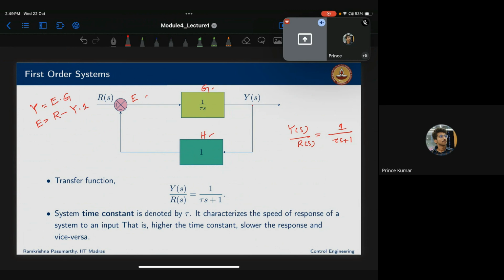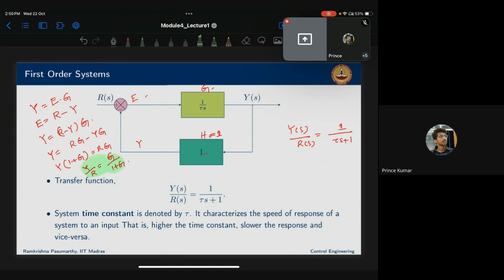Because Y comes here and gets multiplied with this H, which is 1, so we get Y. So E is nothing but R minus Y. You can substitute here: R minus Y multiplied by Z. So we get Y equals RZ minus YZ. What we can write here is Y times 1 plus Z equals RZ. So Y by R is going to be Z by 1 plus Z. Am I correct?